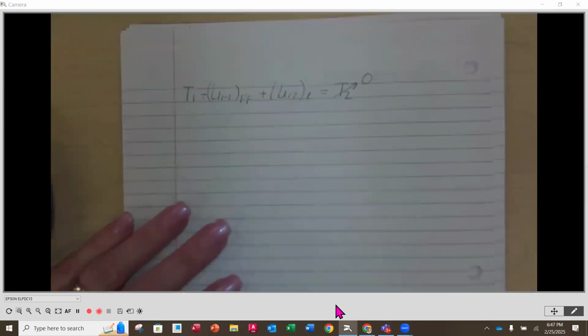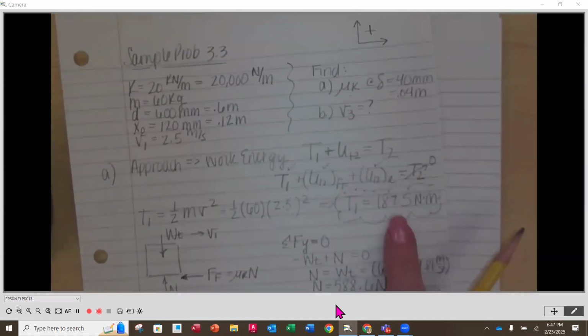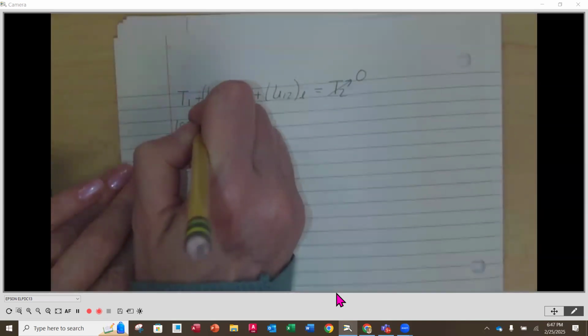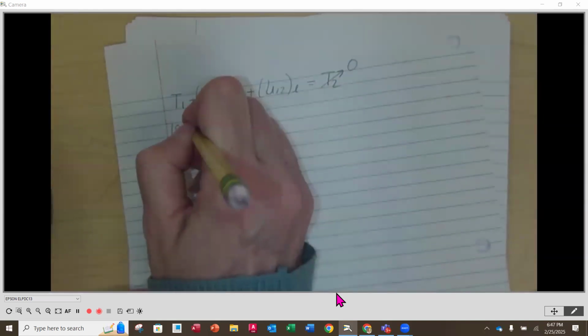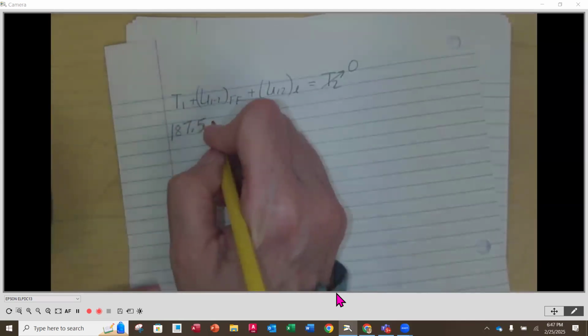Okay, I'm just rewriting that equation. So T1, if I go back on the other side, T1 was 187.5 Newton meters. So this is going to be 187.5. And that's Newton meters, but I'm not going to put the units in.